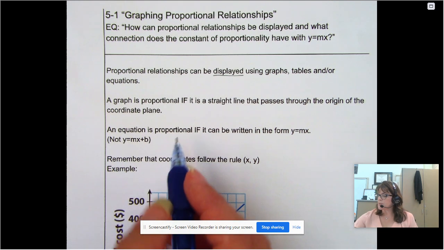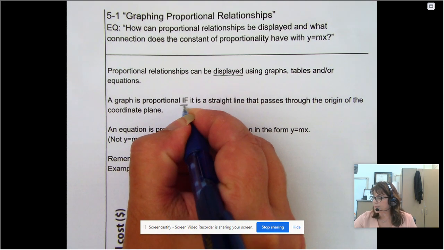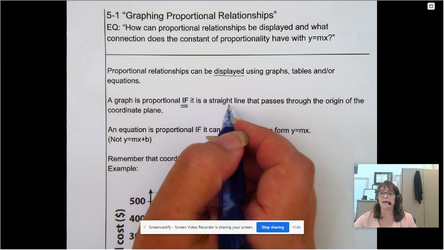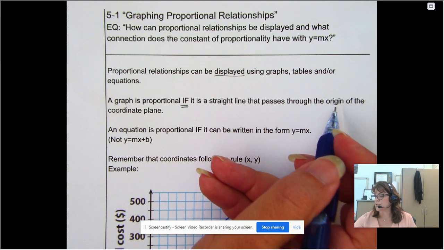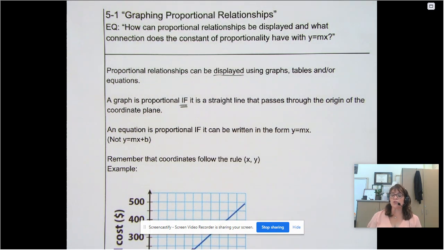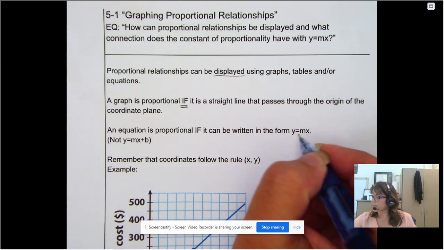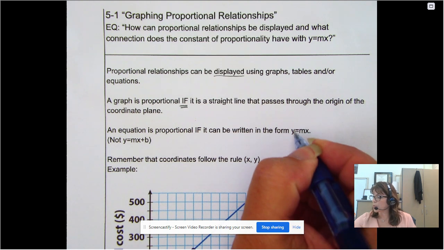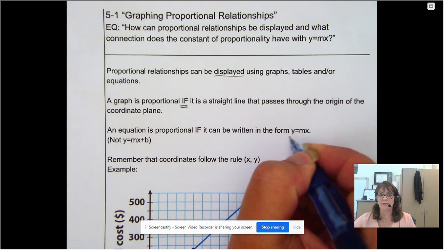A graph is proportional if it is a straight line that passes through the origin of the coordinate plane. If it doesn't pass through the origin, it's still a straight line, but it is not proportional. So this form, y equals mx, is a proportional format.